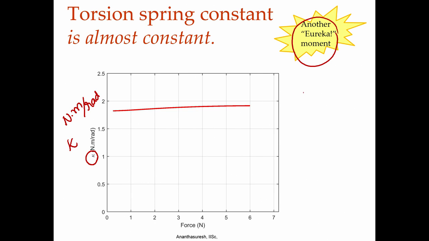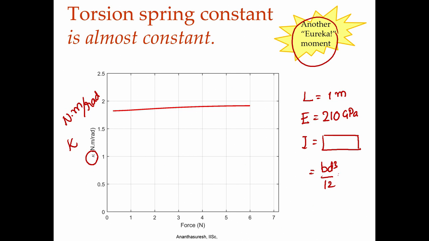To generate this, I have taken the length of the cantilever to be 1 meter, and for Young's modulus I took that of steel, 210 gigapascal. I have taken a rectangular cross section, with moment of inertia B D cubed by 12.